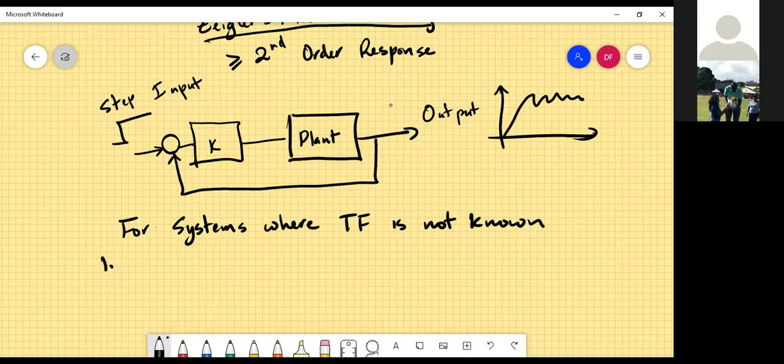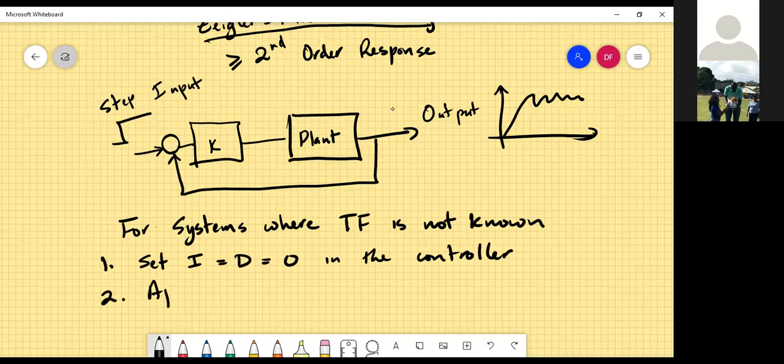When you don't know, you just know that you have the plant. First thing, you're going to set I and D in the controller to 0. Then you're going to apply a step input or a unit response.